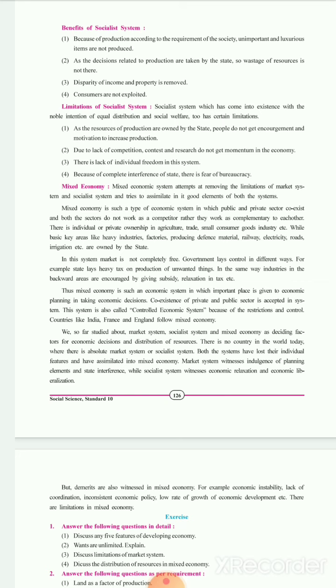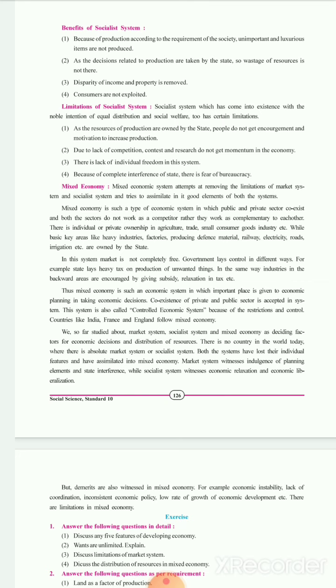But as we know that no system is a complete system, so even this system has some limitations. Actually, this system had come into existence to remove the limitations of the market system and had a noble intention of equal distribution of property and social welfare, but it also has certain limitations.